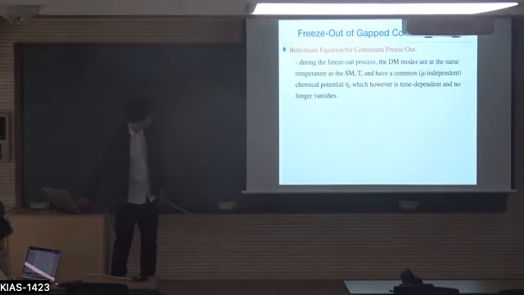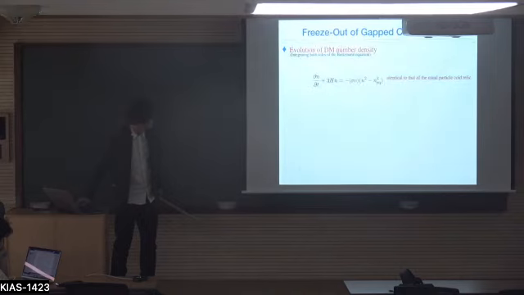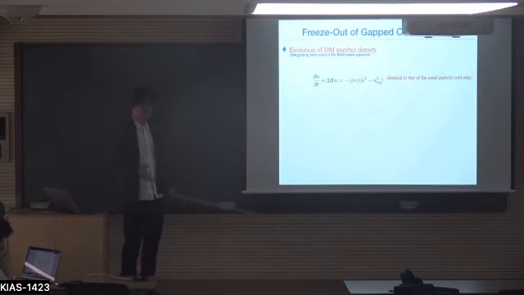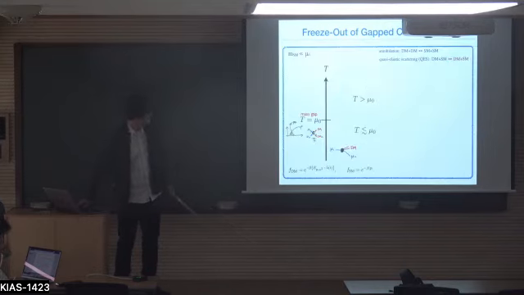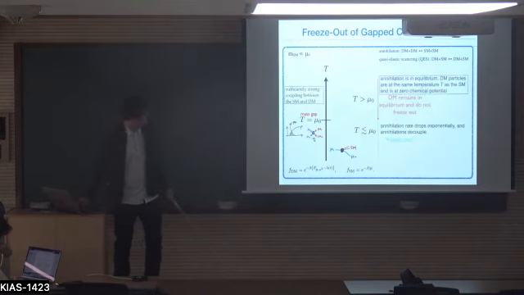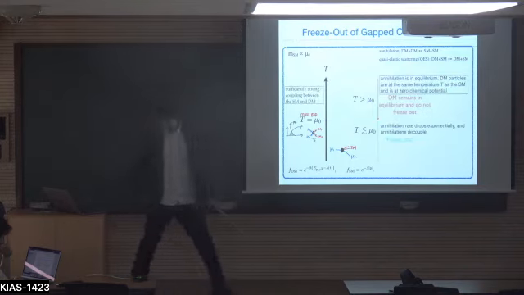So we do this, and the nice thing is, in the end, I want to do phenomenology. I don't want to work on some formal theory that formal theorists are not interested in, right? So in the end, this is what you need. So basically, you see how freeze-out happens.